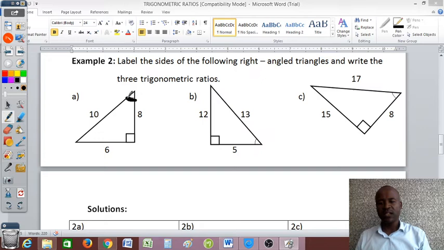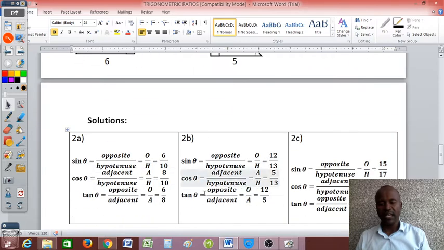So the opposite side is 6, and the hypotenuse means the side opposite to the right angle, which is 10. So sine theta is equal to 6 divided by 10.